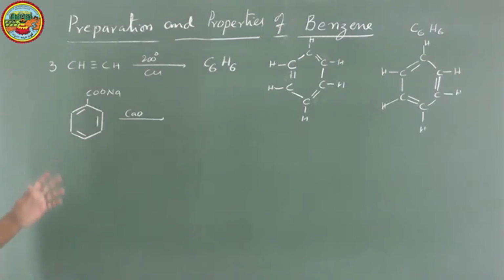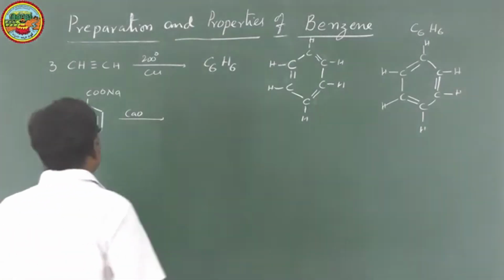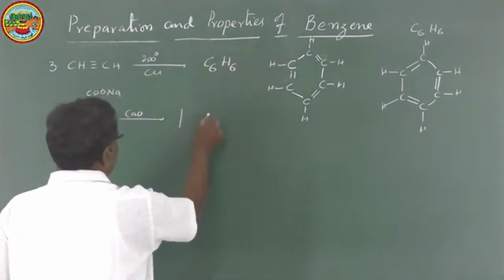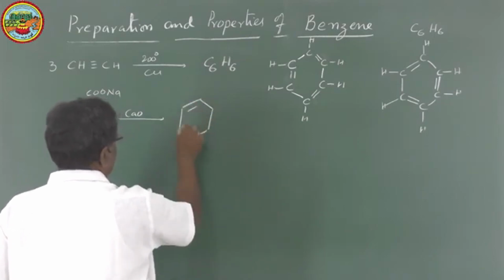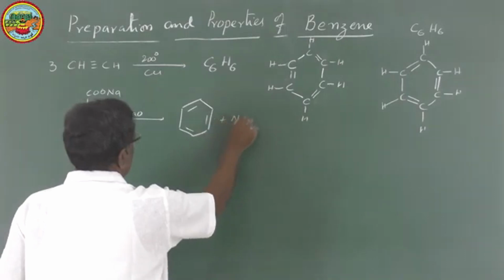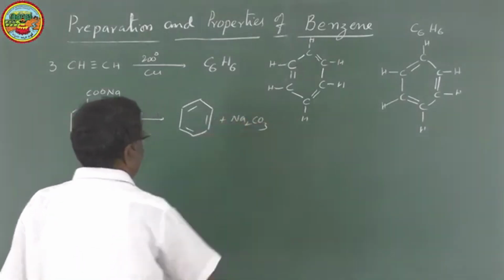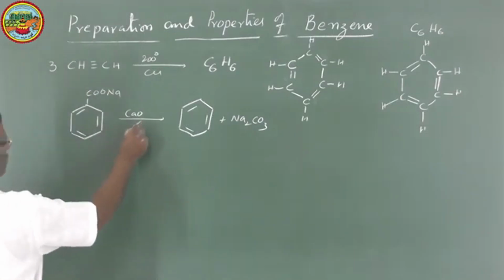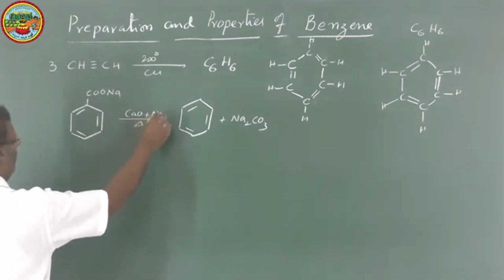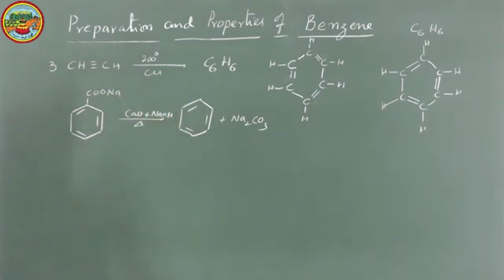When a salt of a carboxylic acid, either benzoic acid or acetic acid, is heated with soda lime, the respective hydrocarbon forms. Here, due to decarboxylation of sodium benzoate, we get benzene. This reaction is said to be a decarboxylation reaction. Heating with soda lime. Soda lime means CaO plus NaOH.